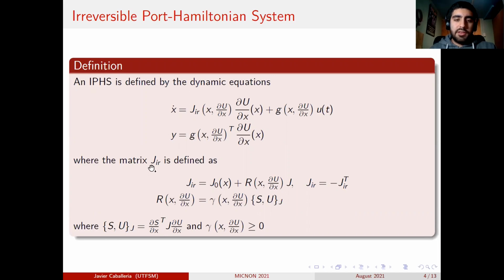We have a matrix called J_IR that is a skew-symmetric matrix and represents the interconnection of all the elements that the system has. We have a nonlinear modulation function, R, that is the product between a positive semi-definite function gamma and the Poisson bracket between S and U with respect to J. This bracket also represents the thermodynamic driving force of the system.